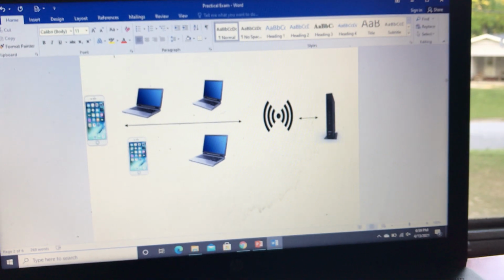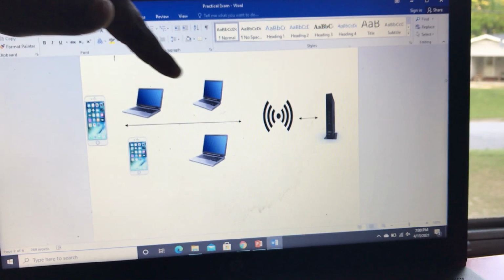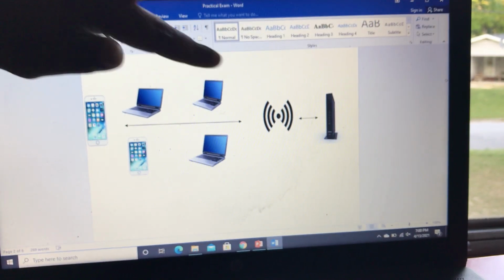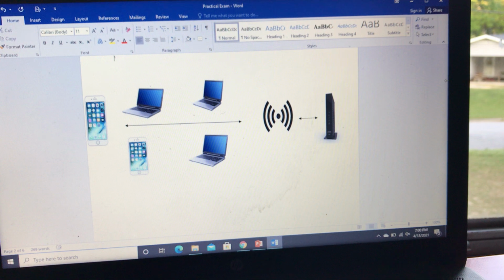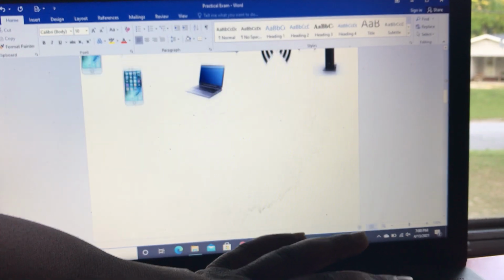So here, this is like a Wi-Fi that's at a house or a small business. The connection goes from the router, then it goes to the internet, and then this is all what the internet is connected to. The computers and the phone, that's basically how it would be set up. Let's go to the next one.